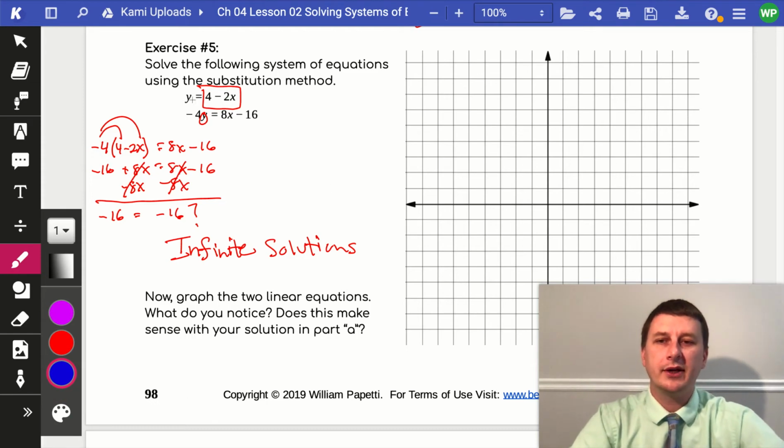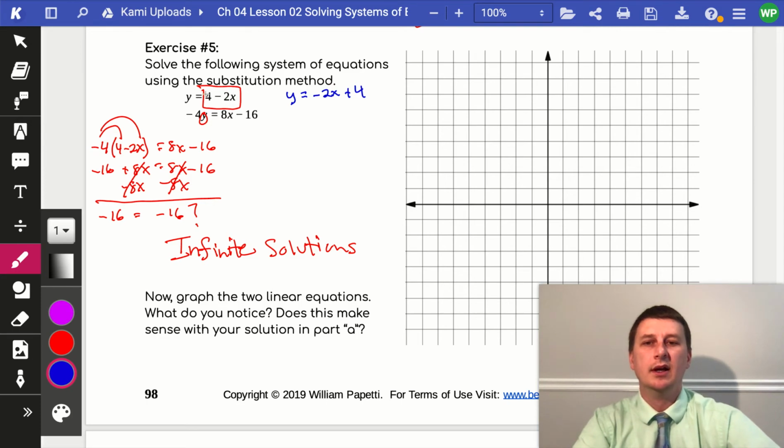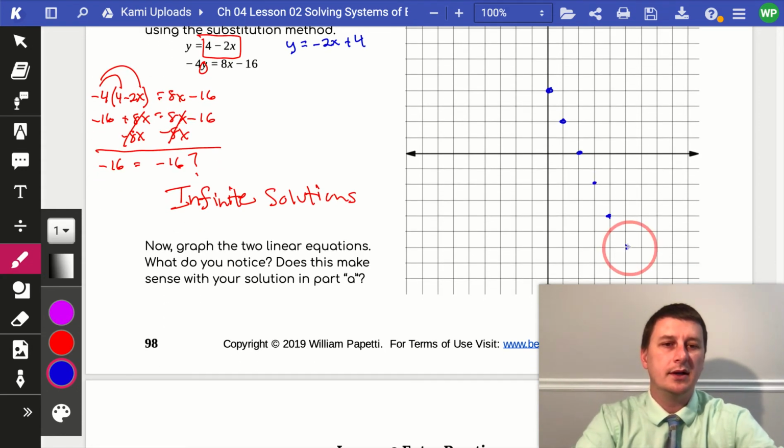And we'll start off by graphing 4 minus 2x. So that's actually the same as the graph of y equals negative 2x plus 4. It's just not in mx plus b form. So don't be tricked by that because our y-intercept is actually at positive 4. And our slope is down 2, right 1, down 2, right 1, and so on.